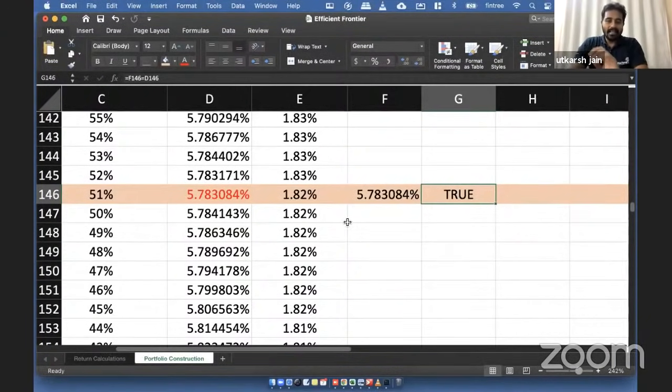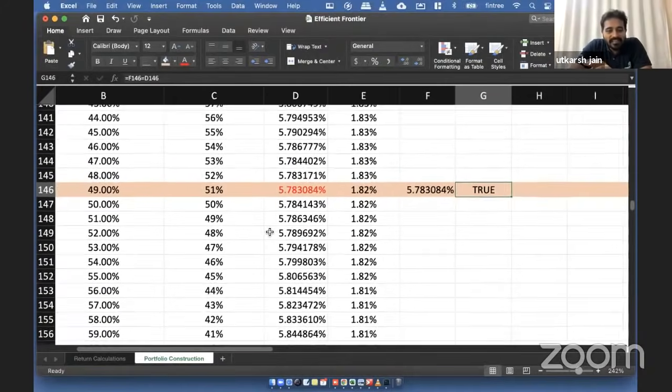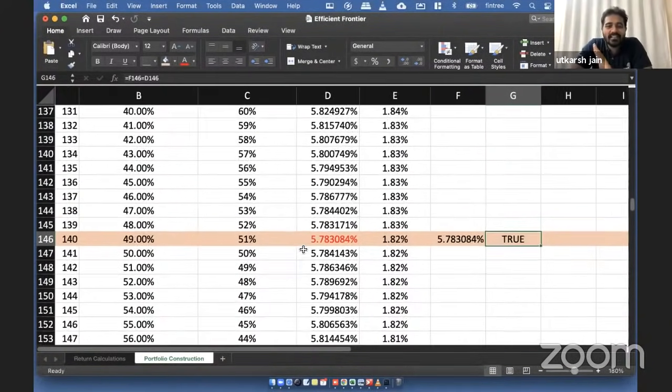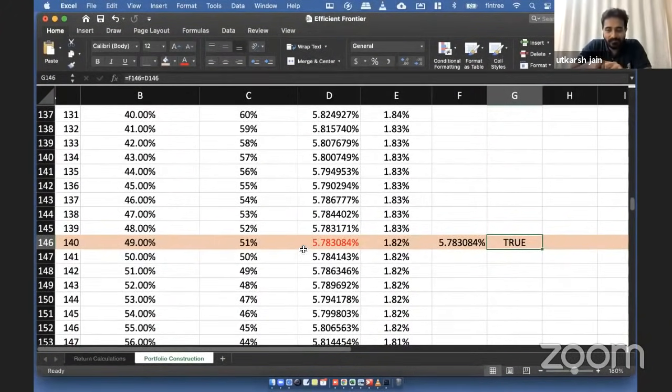All right. So now imagine a client comes to you and he says, see, Utkarsh, I have done a little bit of work, or I've been told by my friends or my advisor or my equity research analyst that I have to buy HDFC Bank and Asian Paints.